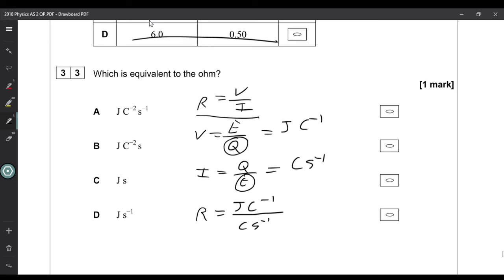And then as we bring the coulomb up from below, that's also going to be a minus 1. As we take seconds to the minus 1 above, that's going to become seconds. So we end up with J C to the minus 2 seconds. So our answer for this is going to be B.